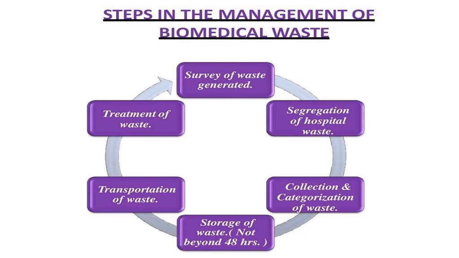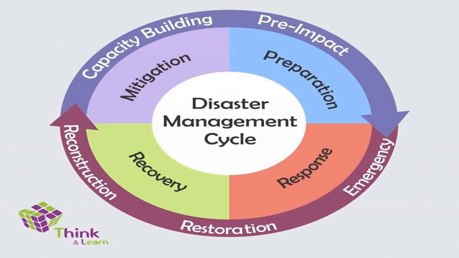Infected waste goes into red, blue, white and yellow containers. Then storage of waste: don't keep any biomedical waste beyond 48 hours. And then transportation of waste, then treatment of waste. These are the steps of the management of biomedical waste.